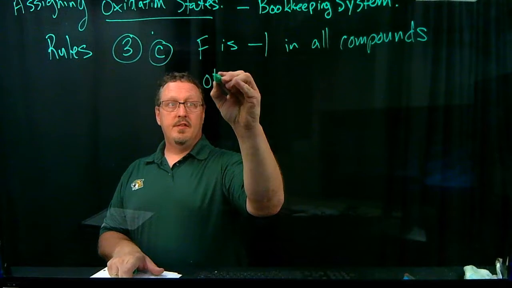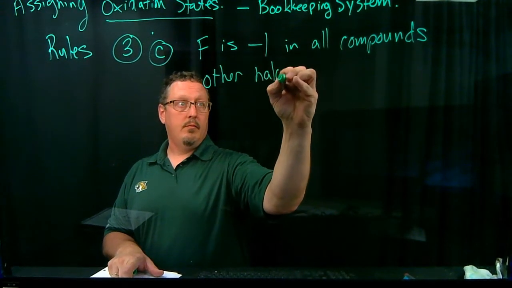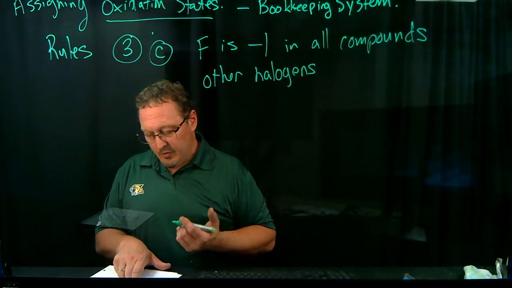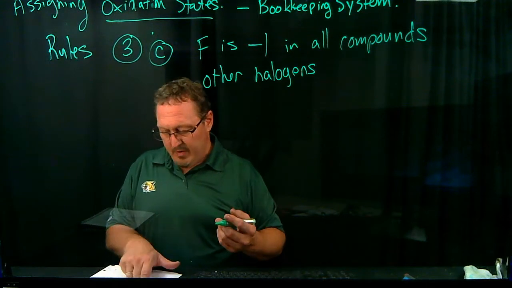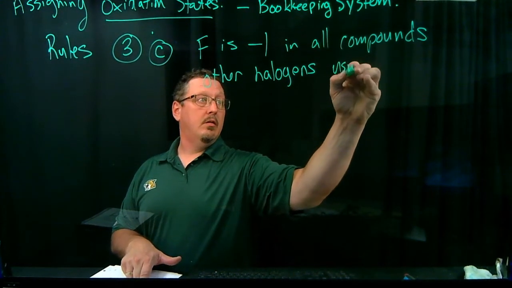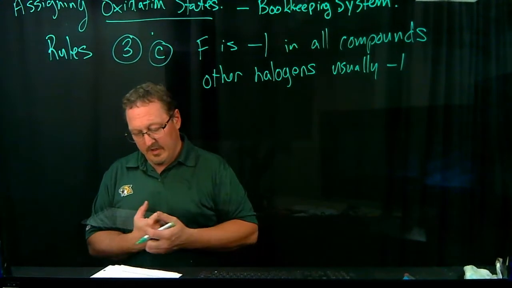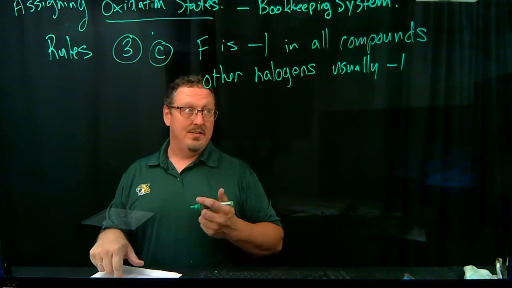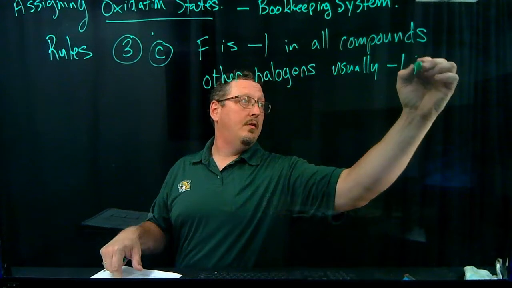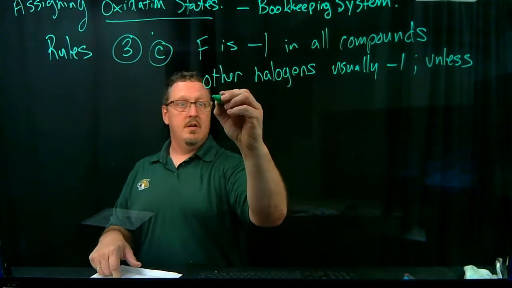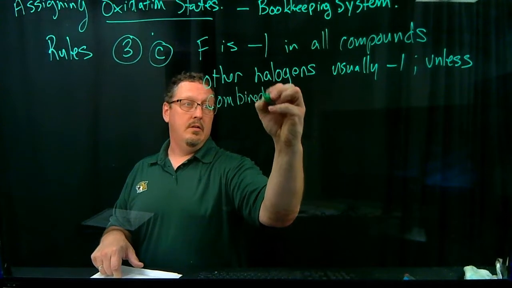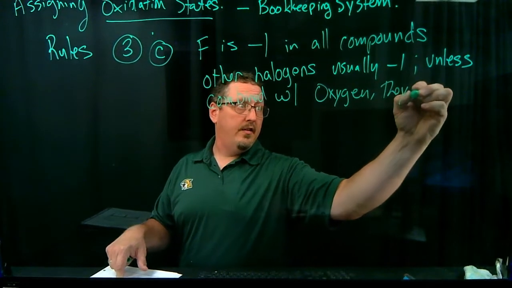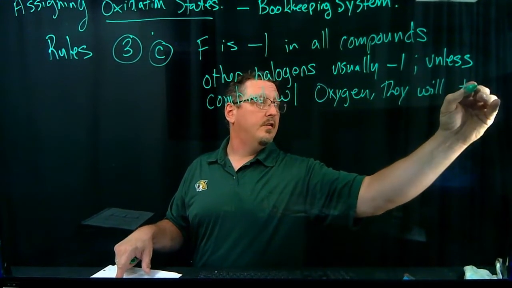The other halogens, that's everybody underneath fluorine, usually are -1 in their compounds. However, when they are combined with oxygen, they form positive oxidation states. So, unless combined with oxygen. And in that case, they will have positive oxidation values.